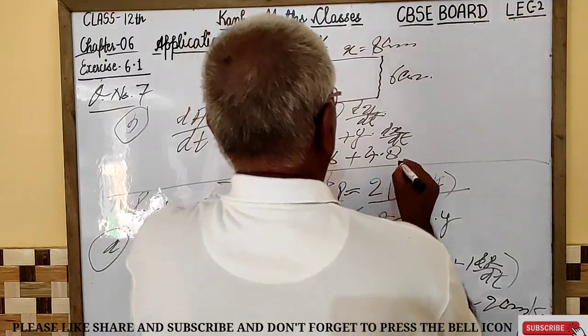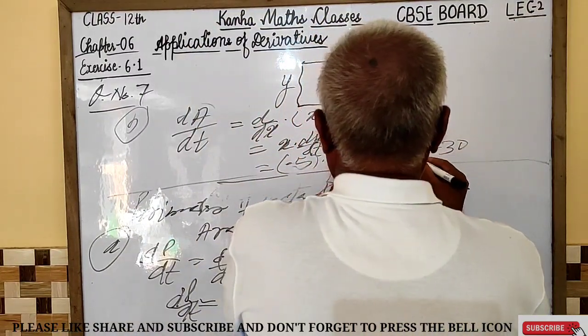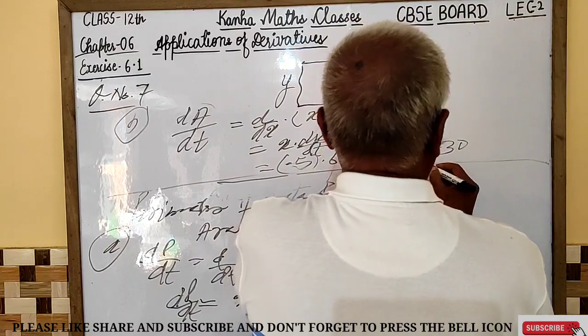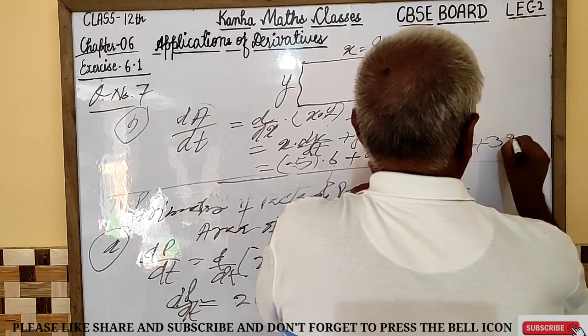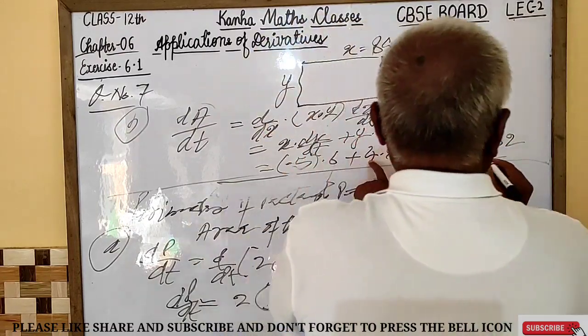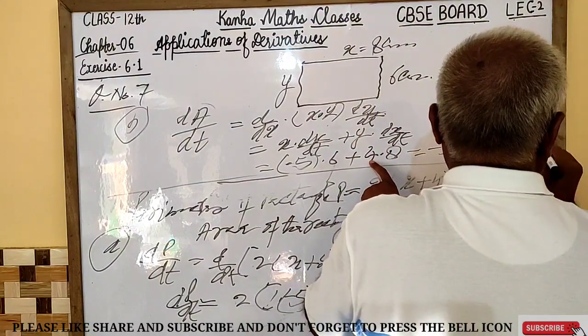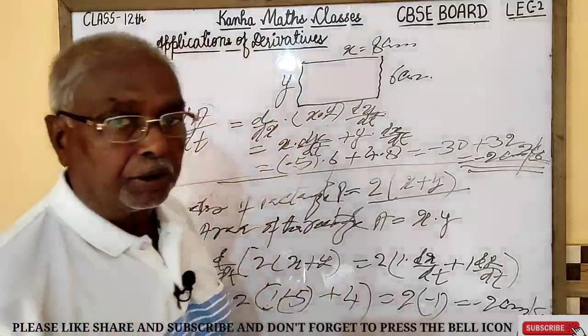It means minus 30 plus 32, which is 2 centimeter square per minute. This is the answer to the second part of the question.